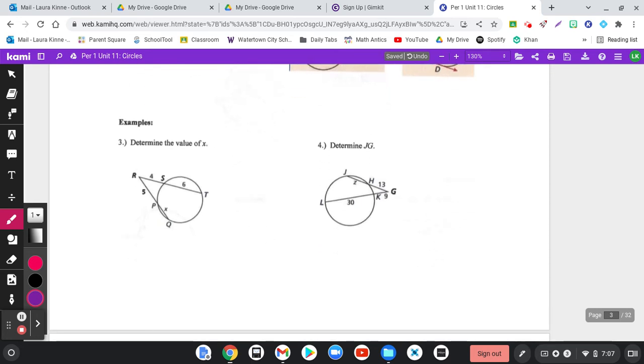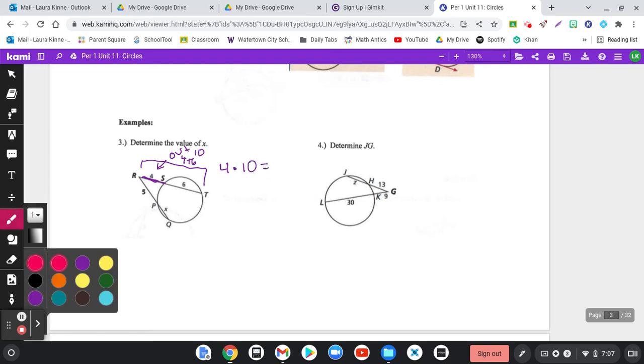Let's look at this side. The outside of RT is 4. The whole of RT is 4 plus 6, which is 10. On the other side, 5 is your outside, so it's outside times the whole thing.